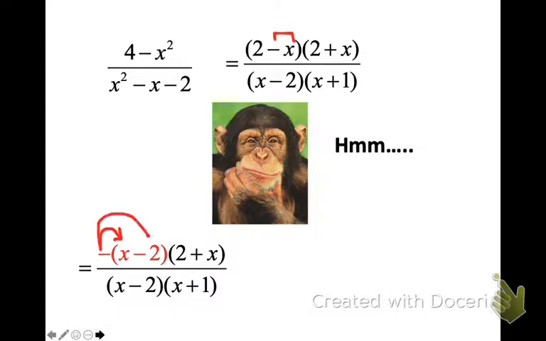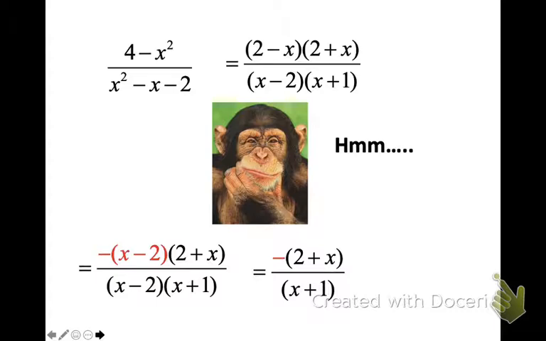If I said negative times a -2, I would get this positive 2. So always make sure you're not randomly taking out a sign, but that it actually reworks your problem enough so that you can create the same binomials. Now we can cancel out our x minus 2's. It doesn't really matter where your negative sign goes, but typically you'll see it in front of the fraction bar and not necessarily in front of the numerator or denominator.